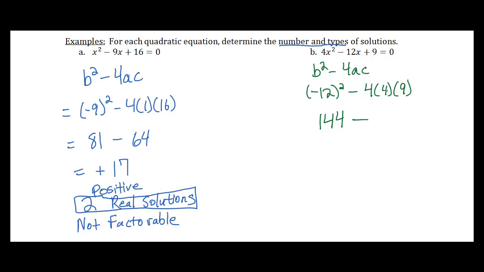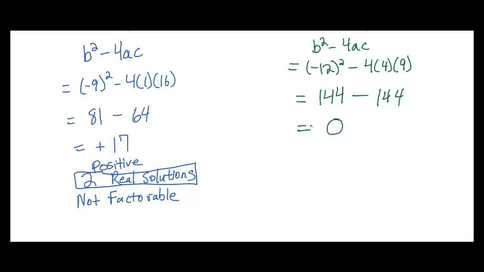And 4 times 4 is 16. If I multiply 16 and 9, I get 144. And so what we have here is a discriminant of 0. Okay? When my discriminant is equal to 0, I'm going to have one real solution.